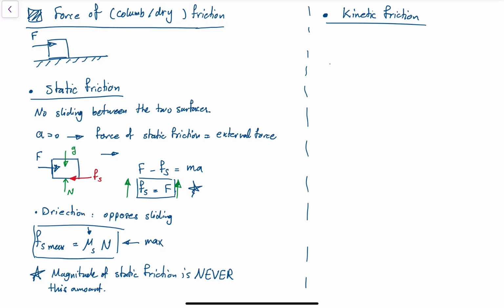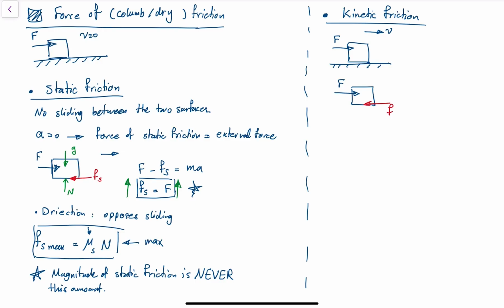So when static friction breaks, now you start to move with some velocity, possibly accelerating too. In the static case, v was 0. In this case, if you draw the free body diagram again, you have the external force, in red.